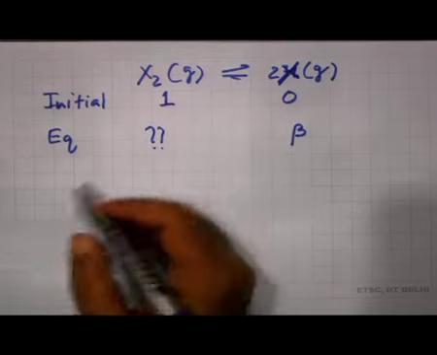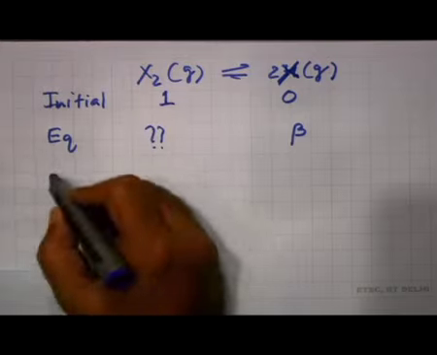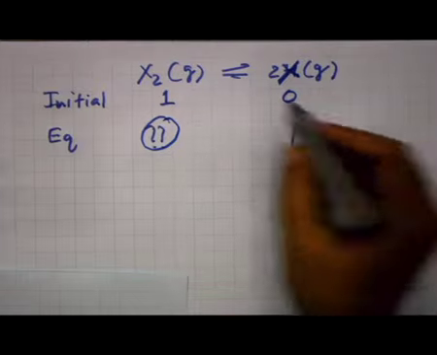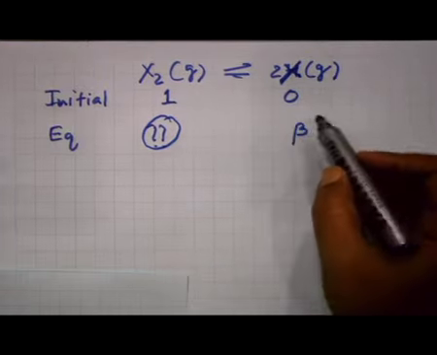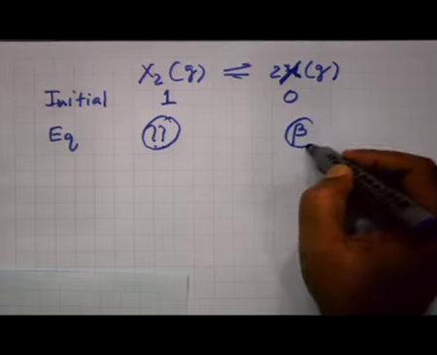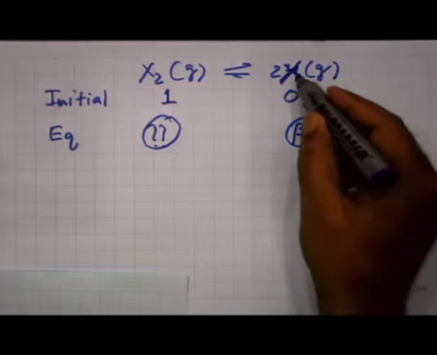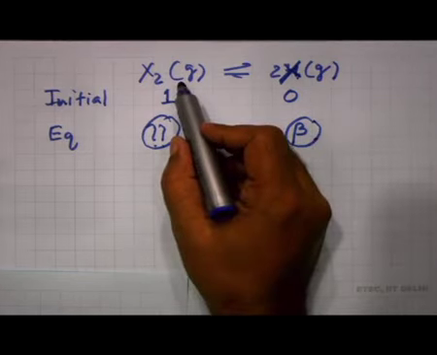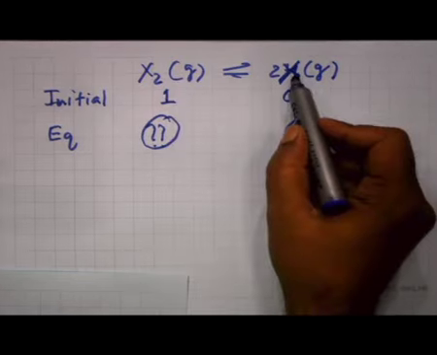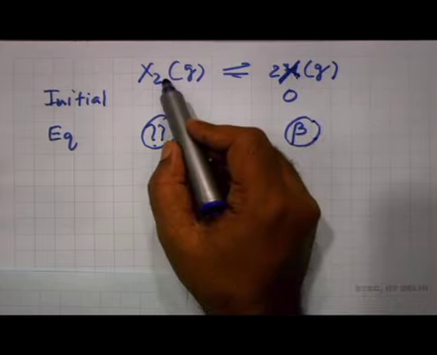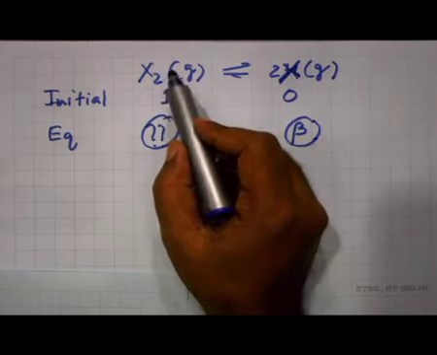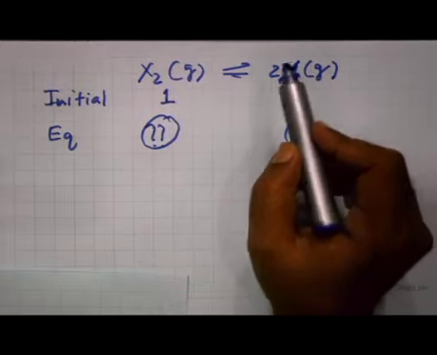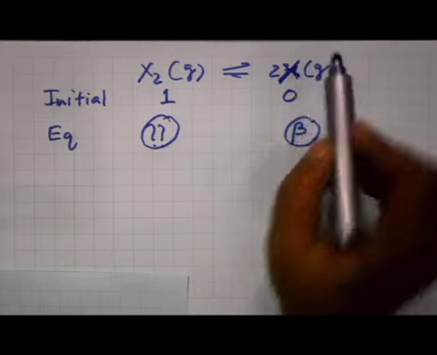The way you can do it is just by looking at the reaction and the number of moles of X formed at equilibrium. So, what this reaction tells you is that if 1 mole of X2 is used, 2 moles of X will form.